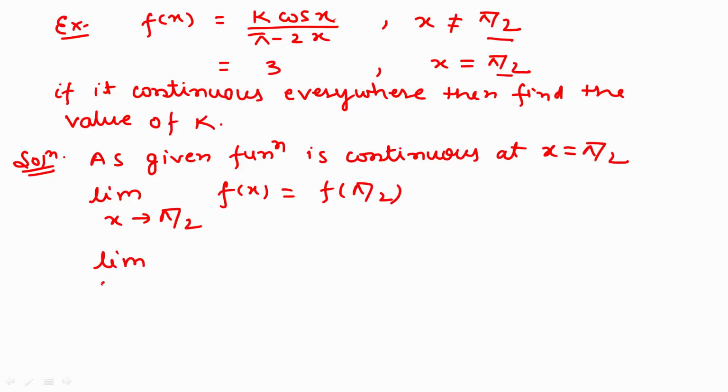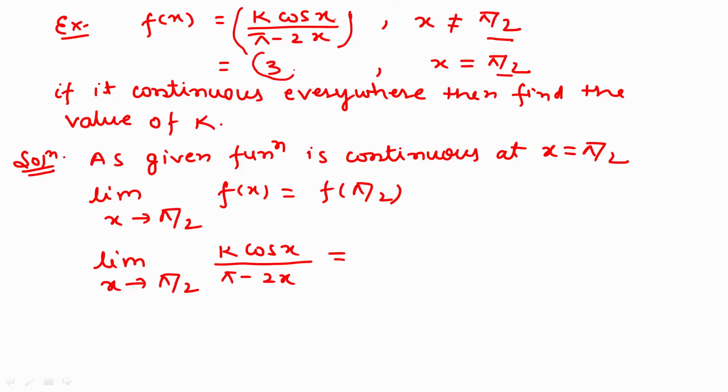Limit x tends to pi by 2 of k cos x upon pi minus 2x is equal to f(pi by 2), and f(pi by 2) means x is equal to pi by 2, and the value of f(pi by 2) is 3. This is number first.